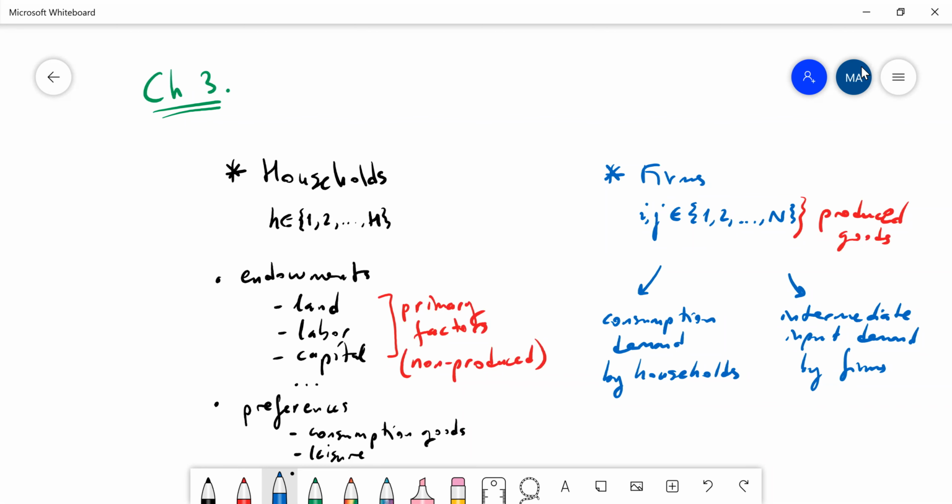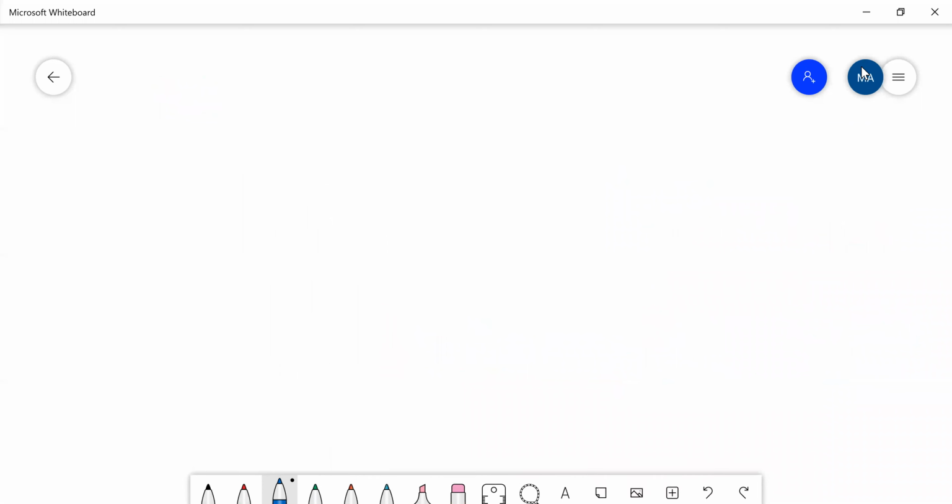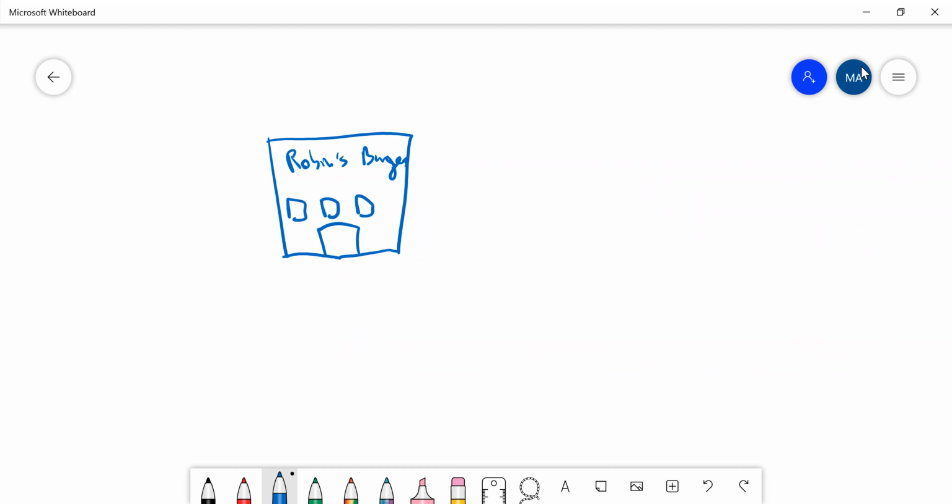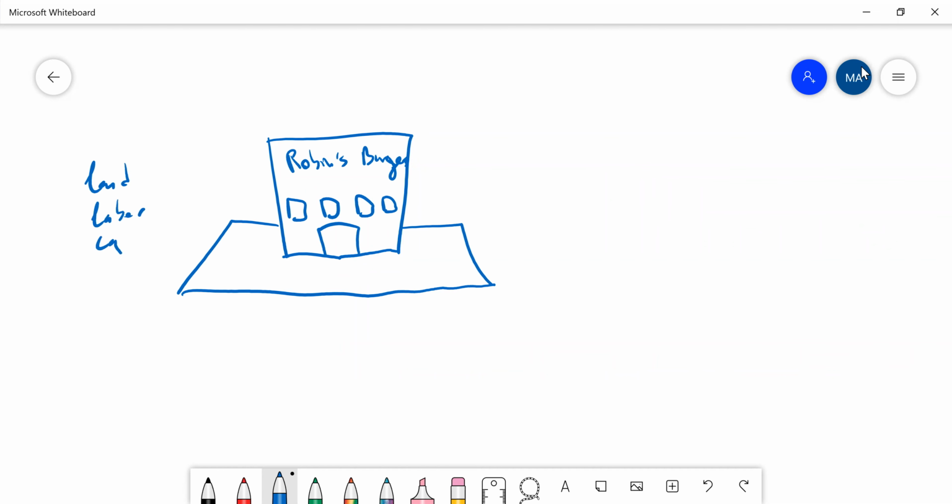So you may imagine, suppose that this is your burger house, Robin's Burgers. For this, you need land, labor, capital, and other stuff. Now, once you have the burger house, then you need intermediate inputs. What are these?